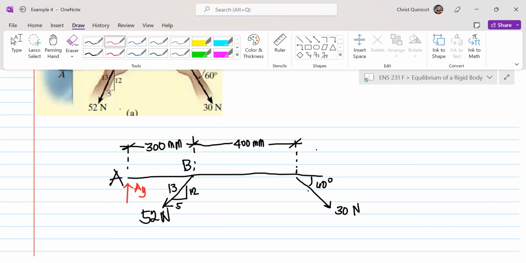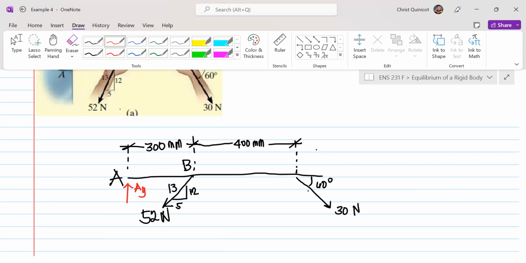However, for our A sub x, it can be to the right, it can also be to the left because we have two forces applied in opposite directions: 30 Newton down to the right and 52 Newton down to the left.